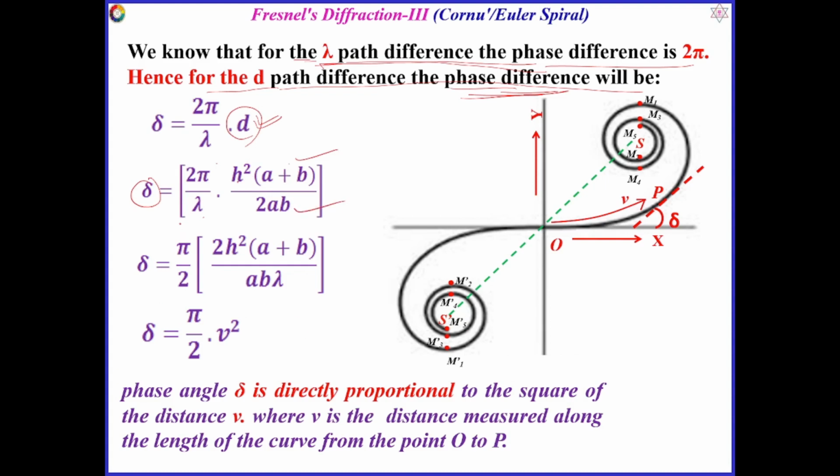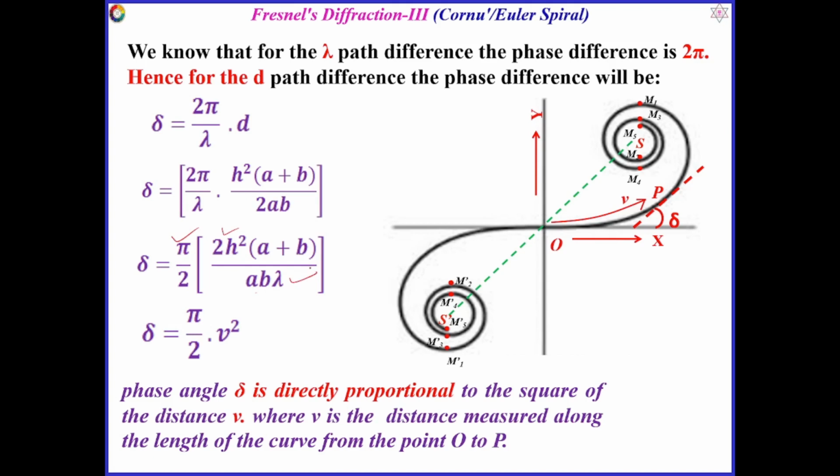Taking pi by 2 outside, we get pi by 2 into 2h square (a plus b) by ab lambda.